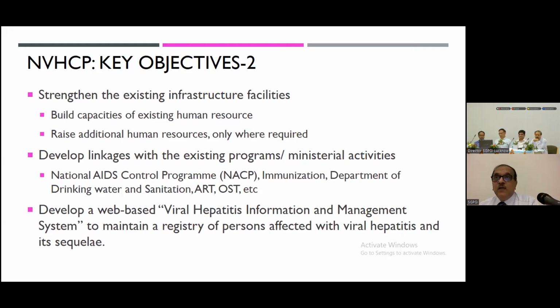So therefore, in other programs, for example, the National AIDS Program, AIDS patients have more chances of having B and C. So we have to integrate, we have to link it to these programs, which include the AIDS control program and the immunization program, the Department of Drinking Water and Sanitation to have safe water, ART, as well as OST. And develop a web-based viral hepatitis information and management system to maintain the registry of the persons affected with viral hepatitis and its sequelae.